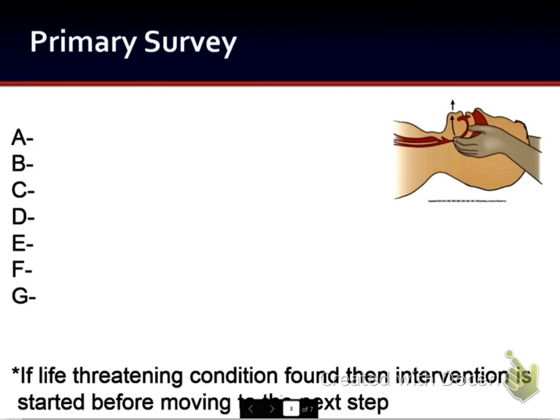Yes. Are they breathing? So we're looking at their respirations. Do they have chest wall movement? C, we're looking at central pulses. And I should look back at the book because I think some of the labels have changed also. This is circulation. So you're looking for circulation, making sure they have pulses.